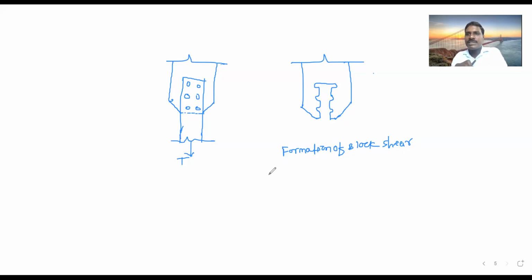For rupture of critical section, we have seen the design strength. Due to rupture, what was said? The bolt will punch the plate, cracks will develop and travel to the end of the plate, and the plate will break. So that is the rupture. And the third failure is the block shear.